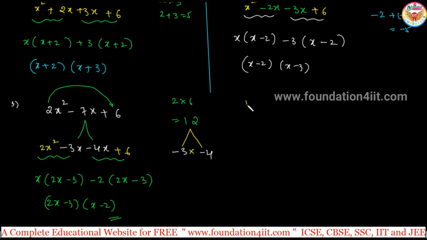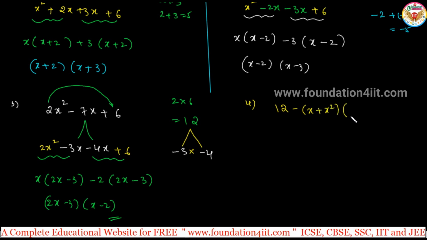And another type, if you notice these questions, like 12 minus x plus x square, in the bracket 8 minus x square. So when you want to factorize this, if you observe, x plus x square is here.